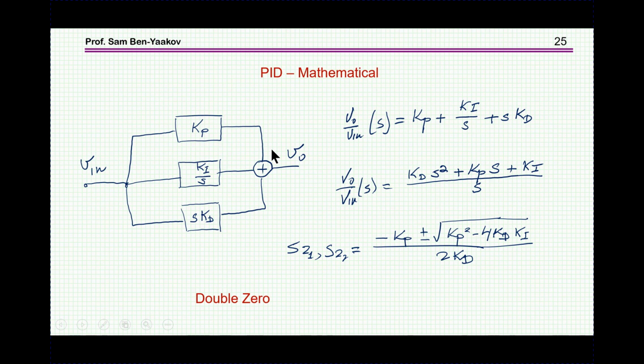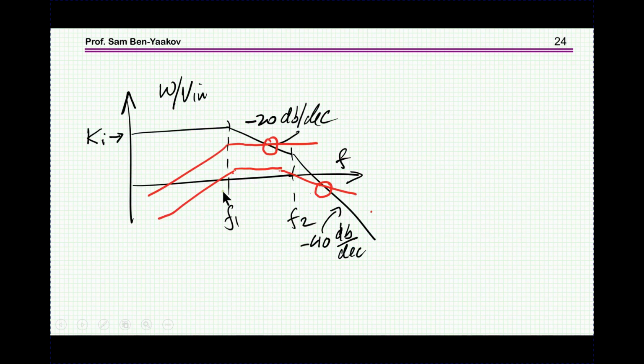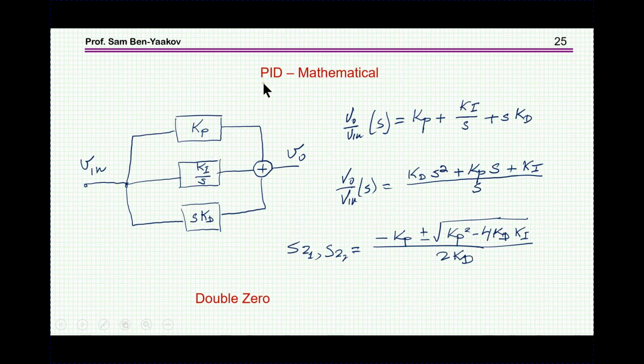A classical way to design a compensator is based on the so-called PID controller. That is to have this one, B itself, not 1 over, as a PID controller.